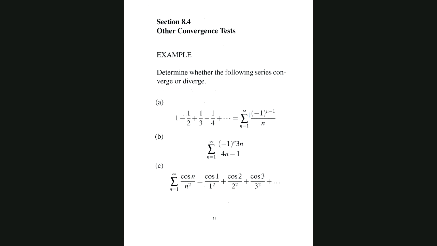Well, 1 over n is the same in the alternating series test. That's your b sub n, 1 over n.